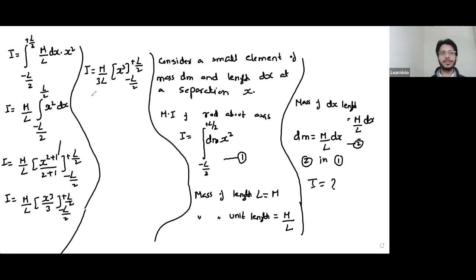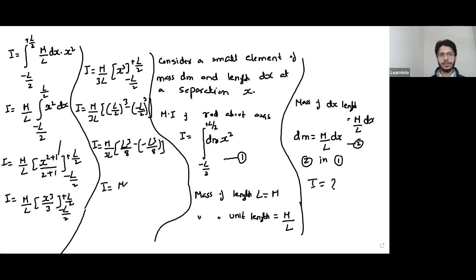Next, you can substitute the limits here. So I is m by 3L times L by 2 cube minus of minus L by 2 cube, which is L cube by 8 minus of minus L cube by 8, so L cube by 8 plus L cube by 8.